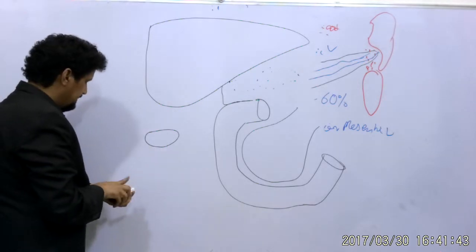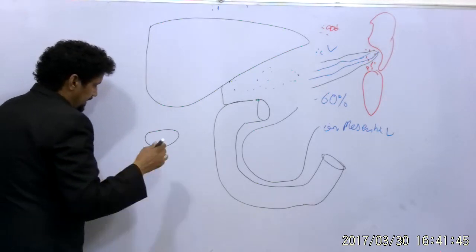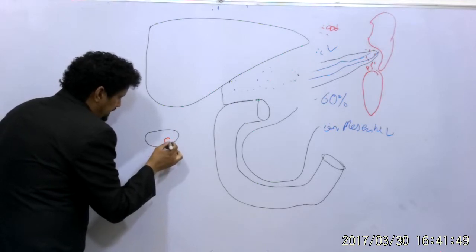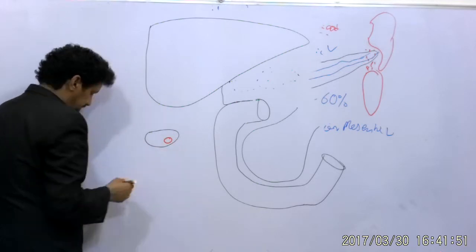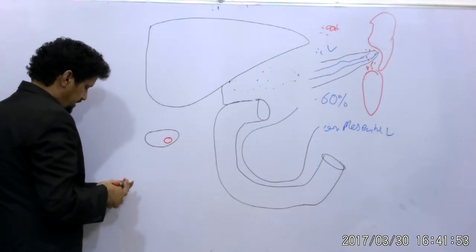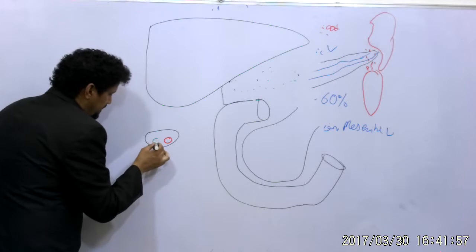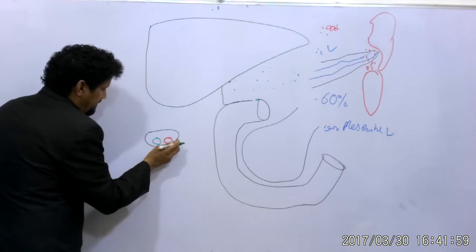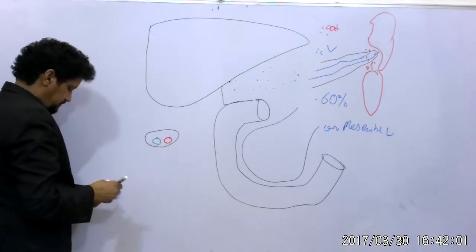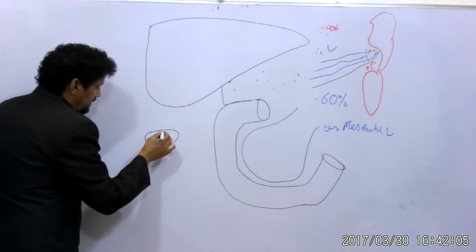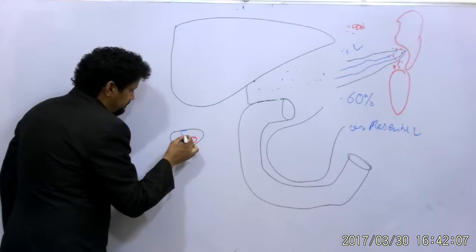Anteriorly, it is having the proper hepatic artery in its anterior and left part, the common bile duct in anterior and the right part, and the posterior part is having the portal vein.